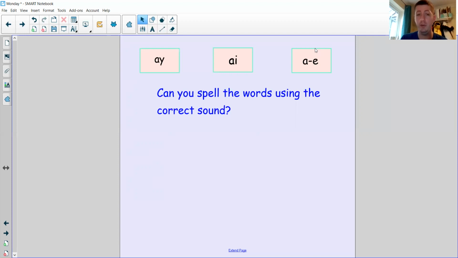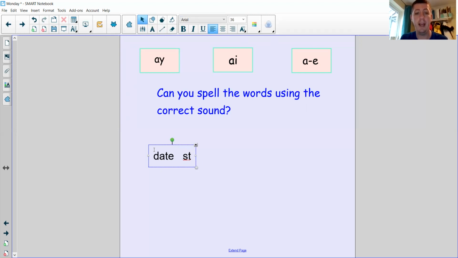Okay, should we check your spellings to see how many of them you got correct and how many A sounds you used correctly? So the first word was the word date, which is d, a with the A split E, t. So it's date. The second word was the word stain, s, t, a, n, stain. The third one was the word today, t, o, d, a, y, today.